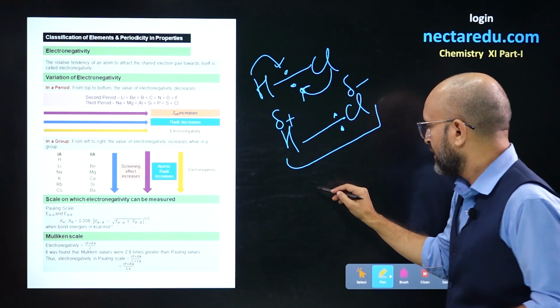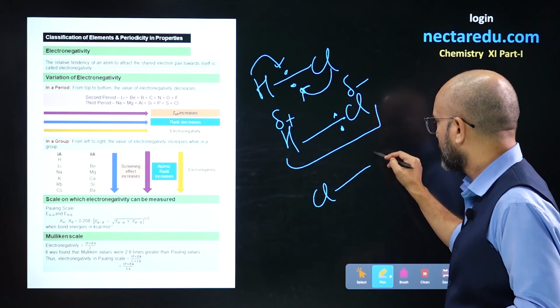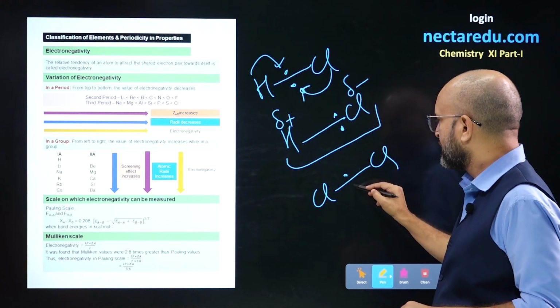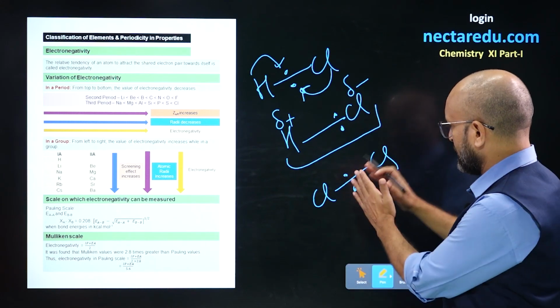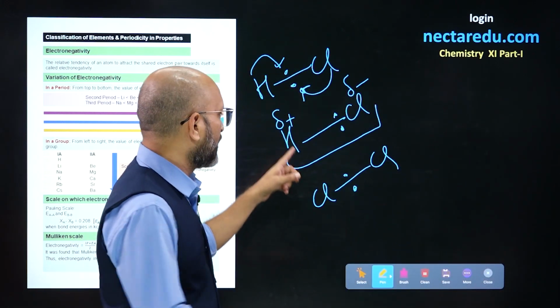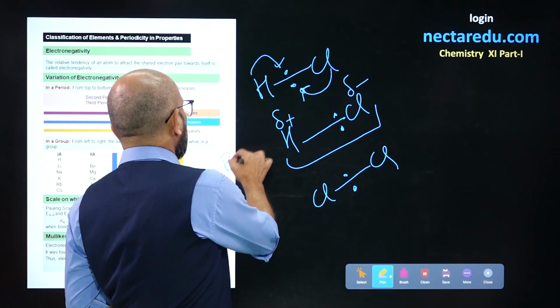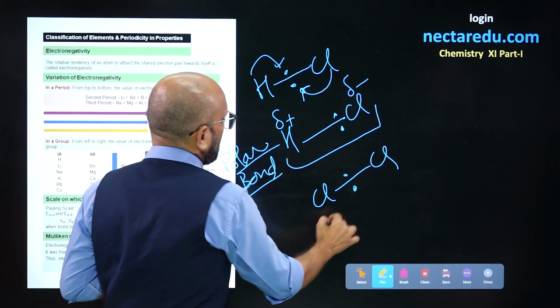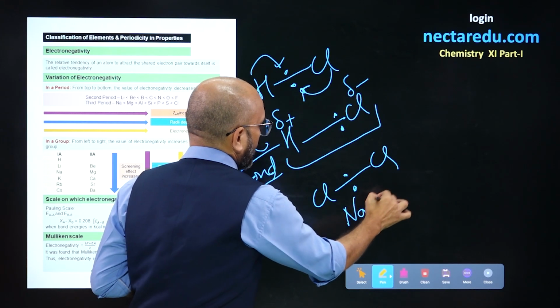If we take a bond between the same atoms, there is no difference in electronegativity. The bond with a difference is called a polar bond, and the bond between the same atoms is called a non-polar bond.